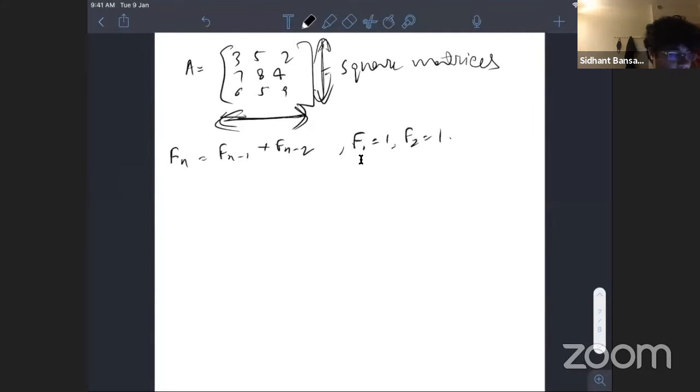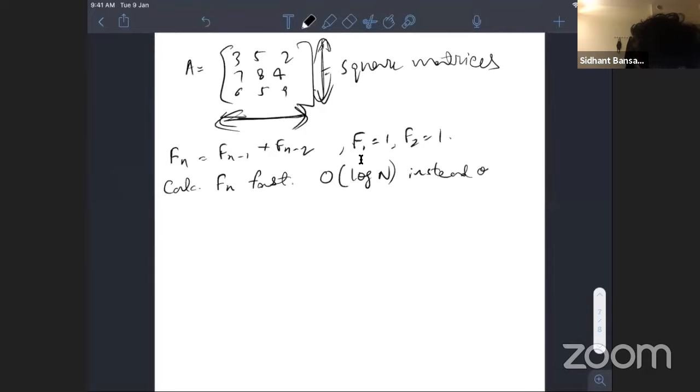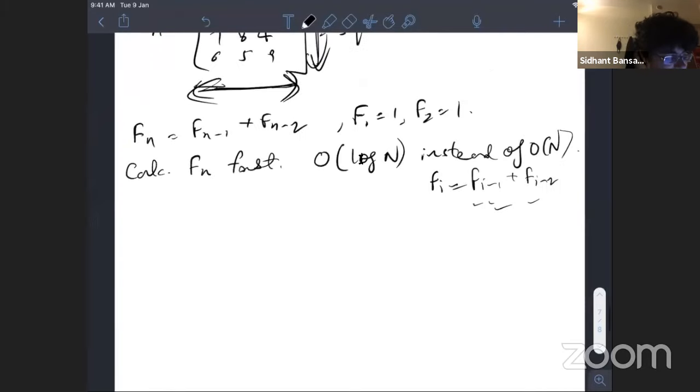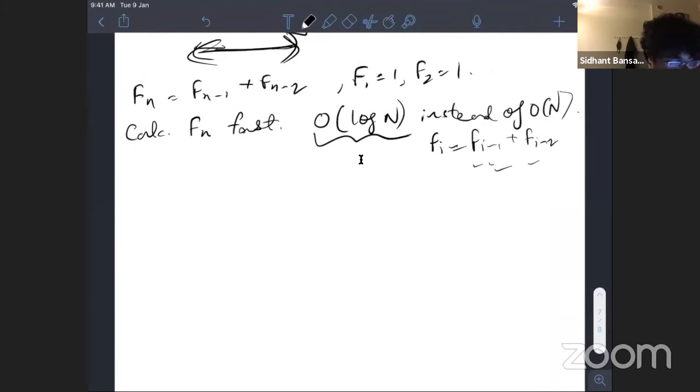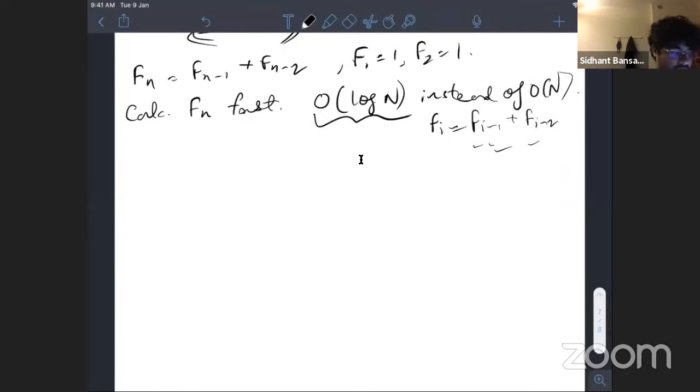Our motivation is to calculate F of n fast, that is in order log n instead of order n. The slow method is just go through a for loop and keep on calculating Fi is equal to Fi minus 1 plus Fi minus 2, and so on. That's the slow method. We want it to be fast, something like log n-ish. How do we get that?